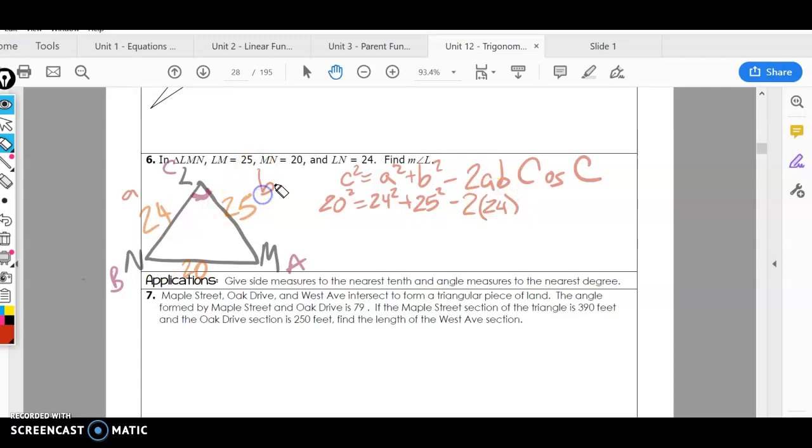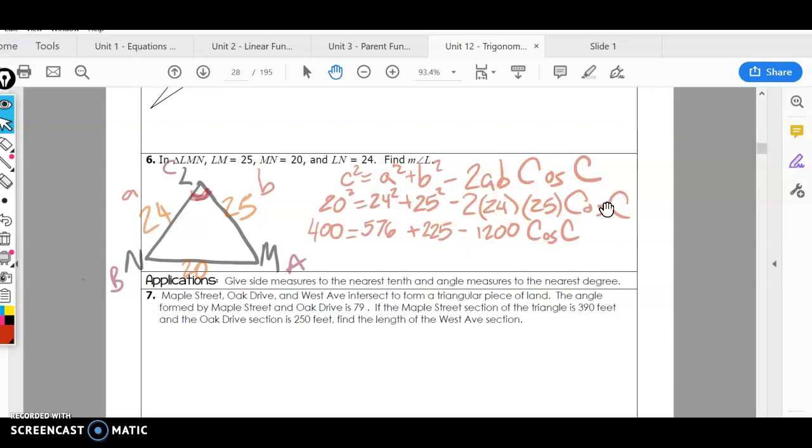Side B is 25. And this is a tricky problem because we don't know the angle of C, in this case L. So I'm going to leave it as cosine C. What I did here was simplify the 20 squared, the 24 squared, the 25 squared, and the 2 times 24 times 25. I left the cosine C as it is.